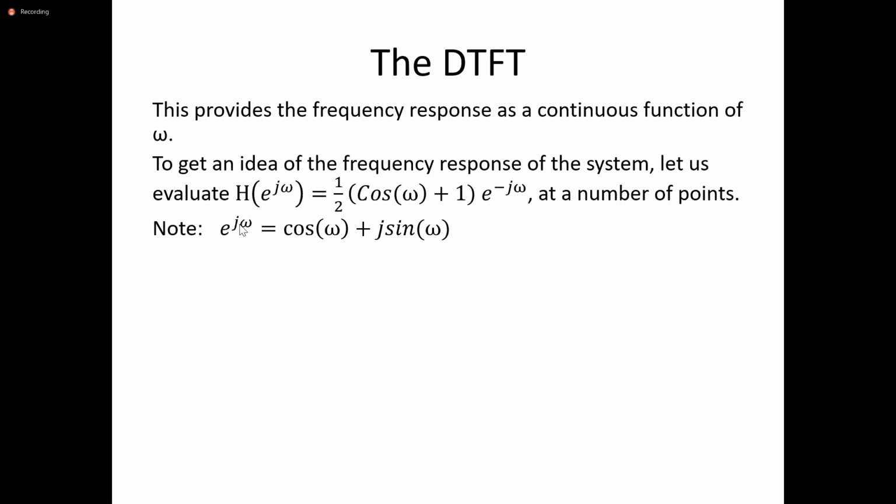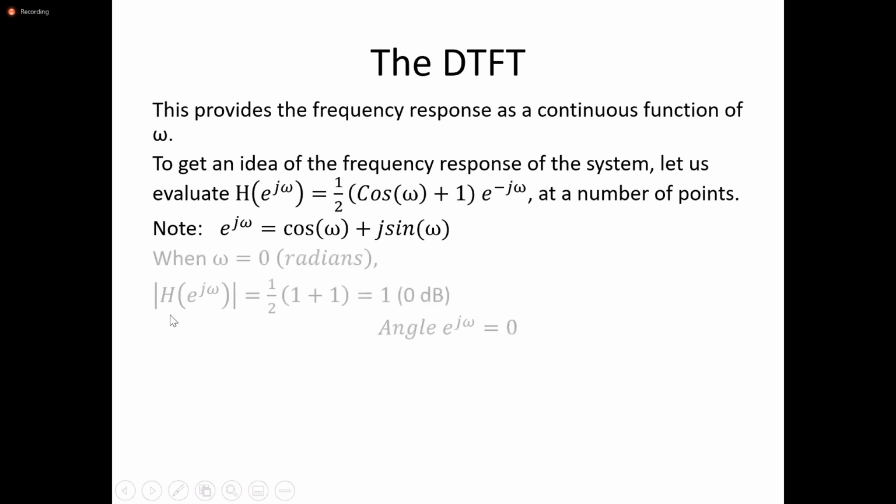Now, here we're putting in this note, which we should have had a lot earlier. So let's take the first case, when omega equals 0. In other words, 0 hertz, DC, whatever you want to call it. If we put omega equals 0 into this equation, cos of 0 is 1. So 1 plus 1 is 2.